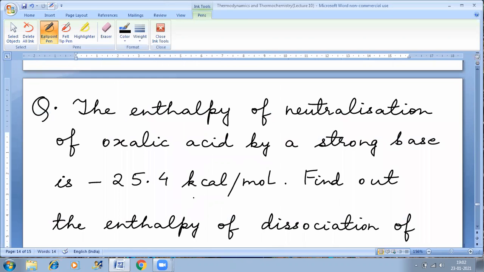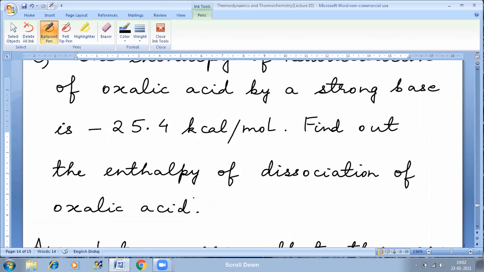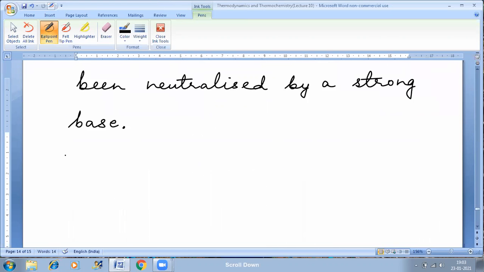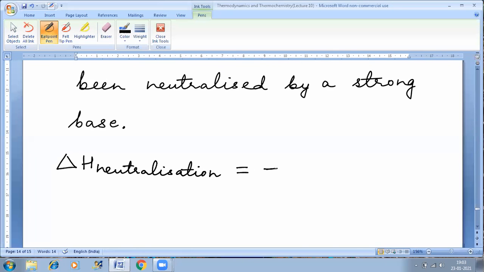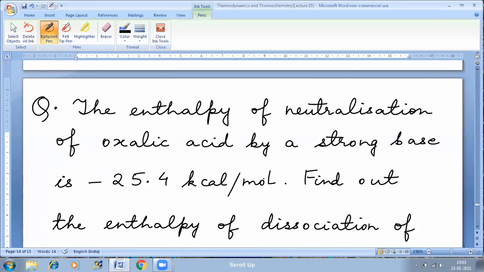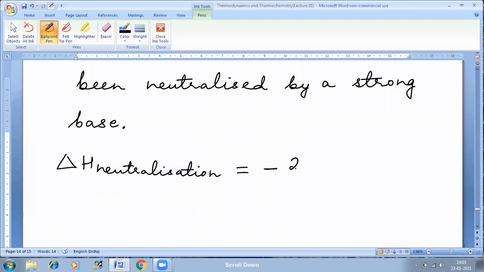तो enthalpy of neutralization is given to me as minus 25.4 kilocalorie per mole. That means delta H neutralization in this reaction will be minus 25.4 into x kilocalories. अब per mole लिखना गलत होगा because I have multiplied with the number of moles.